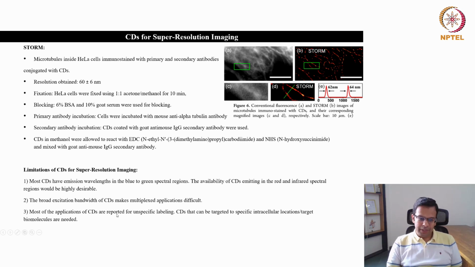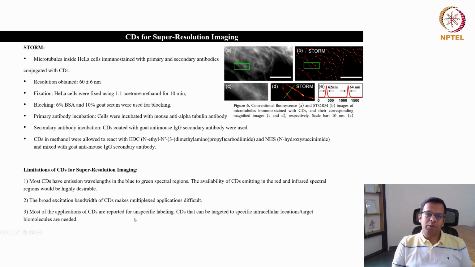Most of the applications of CDs are reported for unspecific labeling. CDs that can be targeted to specific intracellular locations and target biomolecules are needed. In most applications, CDs have been used for non-specific localization. Targeting CDs to specific biomolecules, proteins or cell organelles is quite difficult.